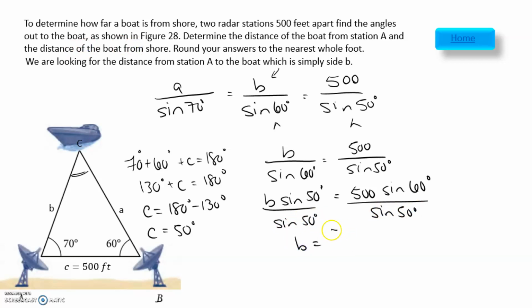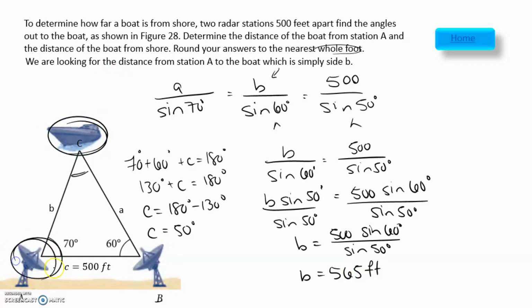So B is equal to 500 times sine of 60 divided by sine of 50, which when you plug this into your calculator, and it says round to the nearest whole foot. So we will get 565 feet. So that's the distance from the boat to station A, is 565 feet. And that's it for this section.